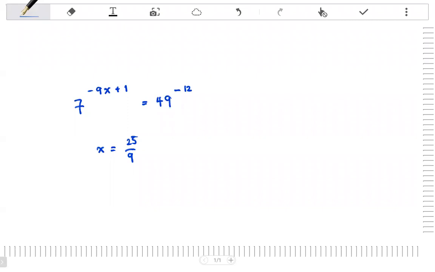Let's also try this problem because I feel like some people are confused. 7 to the negative 9x plus 1. Remember, our first step is to have the same base. So we can change 49 to 7 squared, right? Because 7 times 7 is 49. So we can rewrite 7 squared in place of 49. So negative 12. And let's try this.